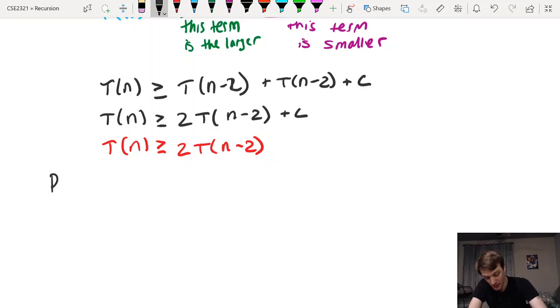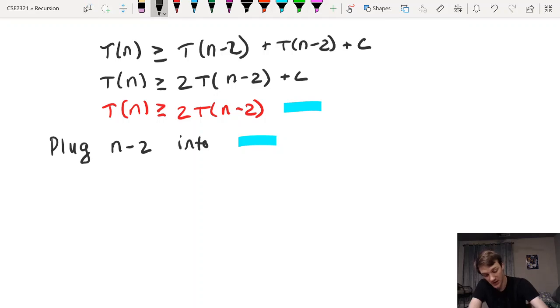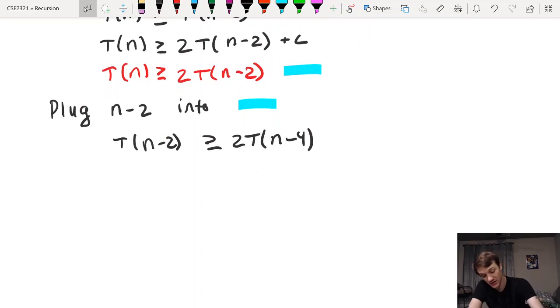So we're going to plug n minus 2 into that equation, which maybe we designate with something. I use the blue dash here. So we're going to plug n minus 2 into the blue dashed equation. Doing so, we have t of n minus 2 on the left-hand side is greater than or equal to 2 t of n minus 2 minus 2, which is n minus 4. We're then going to substitute that into the equation.